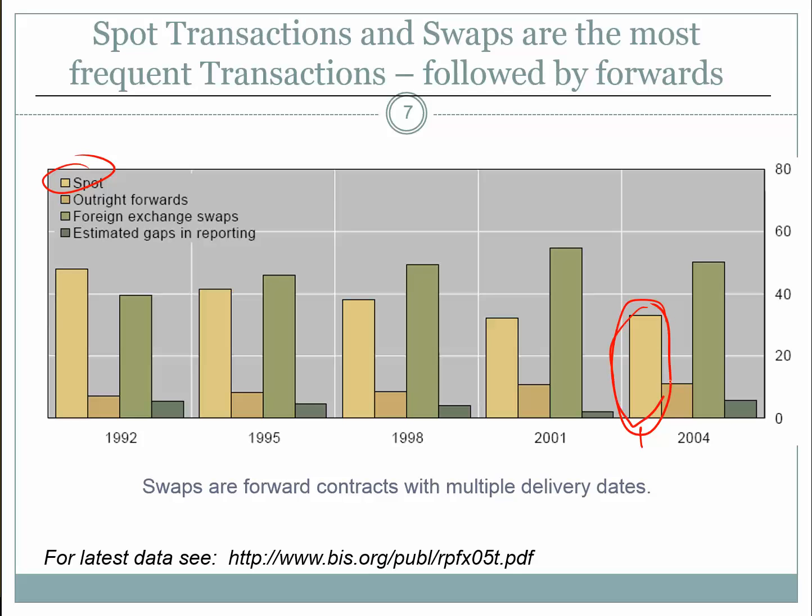A spot transaction, also called a cash transaction, is a transaction where delivery is near immediate. So one bank can call another financial institution and say, I'd like to buy €1 million from you. And then they get a quote of, say, $1.15 a euro. And you say, fine, let's do it. Now, delivery may happen in a day or two. So it's not immediate, but close to near immediate delivery and payment.